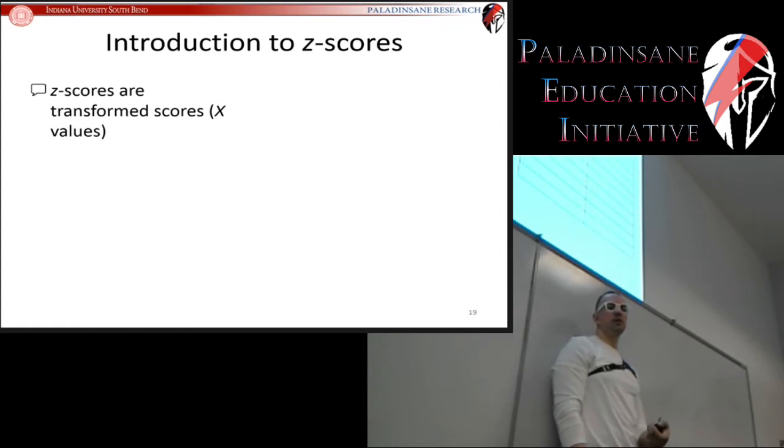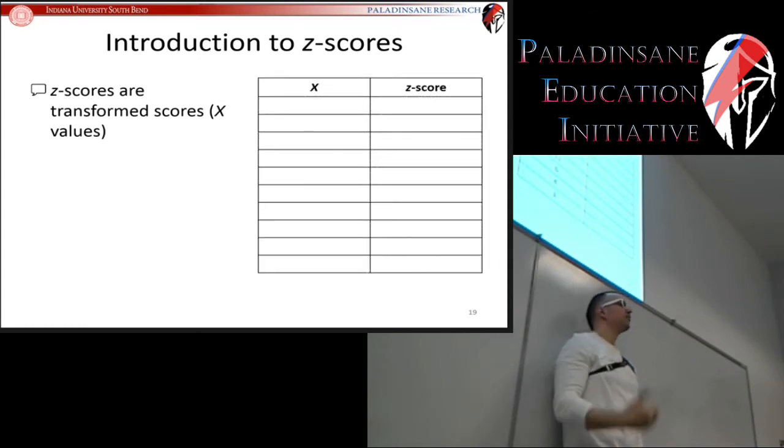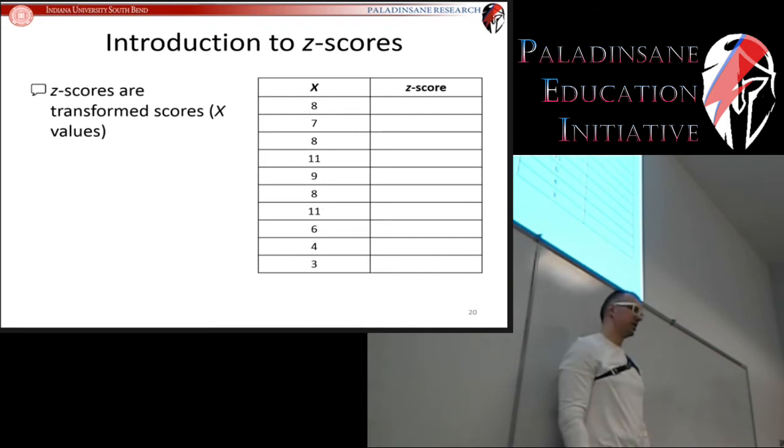So if you have a series of raw scores here, the same way that you can change US dollars into Canadian dollars, the same way that you can change US dollars into euros, you can change raw scores into z-scores. It's literally an exchange, a transformation.